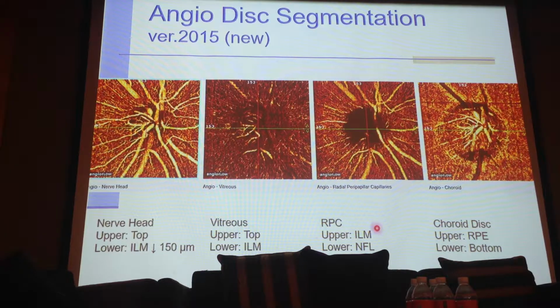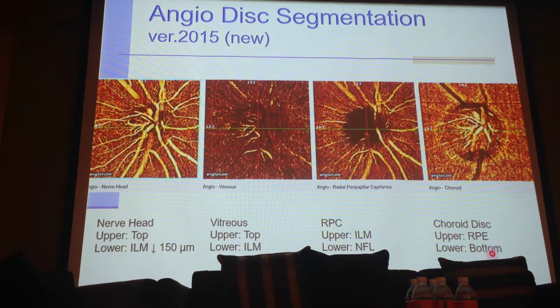And that's RPC, I think that's the most important one. It used to be ILM to 150, but today it is ILM to the nerve fiber layer, the lower boundary of the nerve fiber layer. So that's the full thickness of the nerve fiber layer, the full information inside the NFL. The last one is choroid disc from RPE to the bottom of the window.